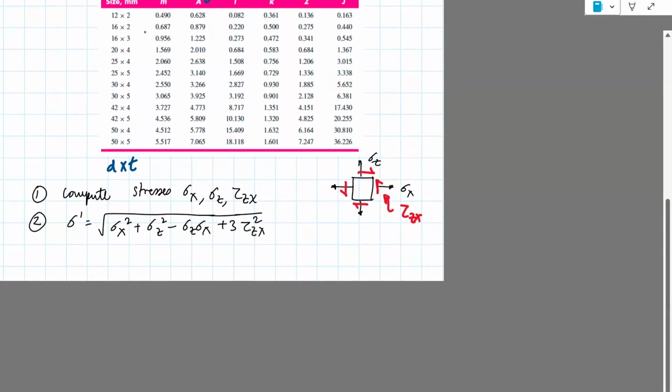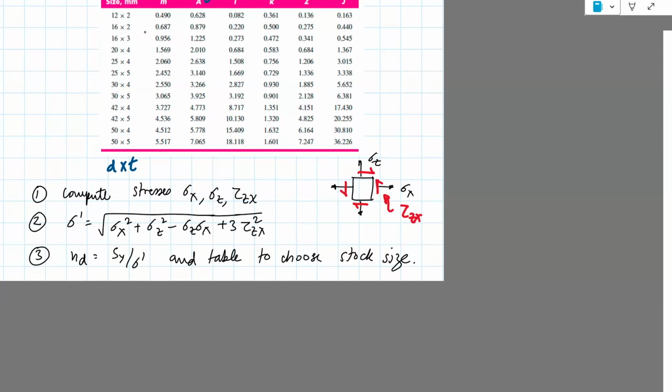And then the last step is to use this equation, Sy by sigma prime, and this table to choose a stock size. Solve. So we've broken it down. Let's get to solving this.